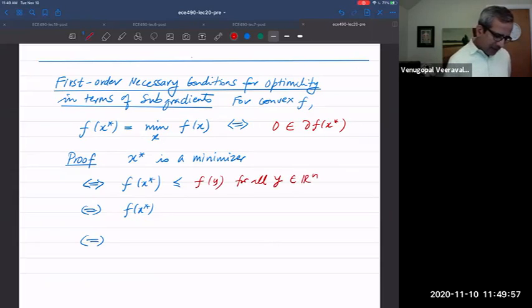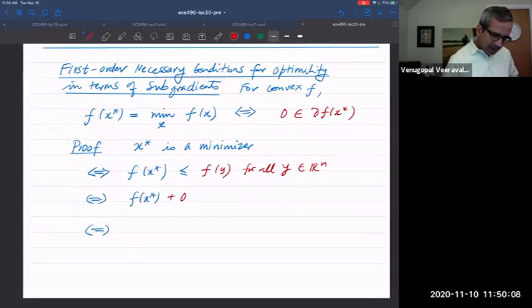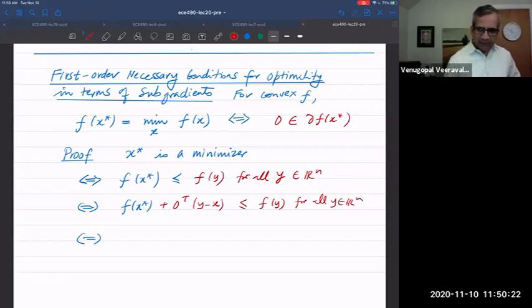On the left-hand side, I can simply add the zero vector, 0 transpose (y minus x star), without changing anything. That is less than or equal to f of y for all y in R^n.